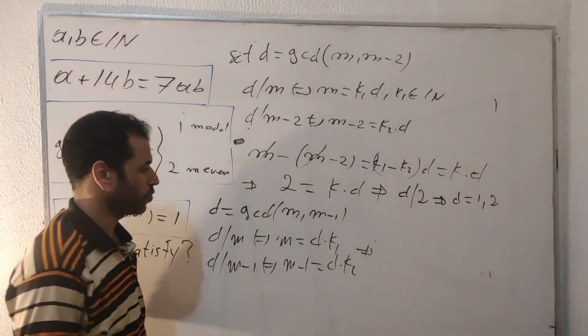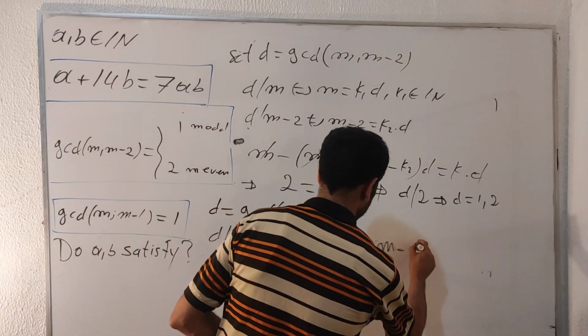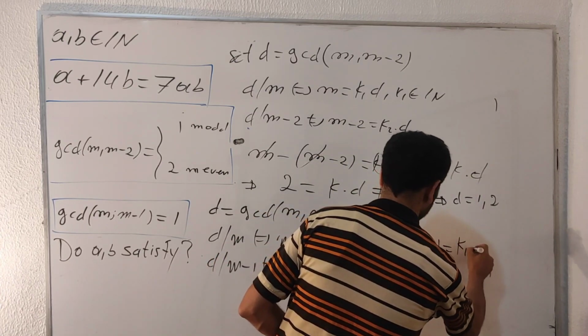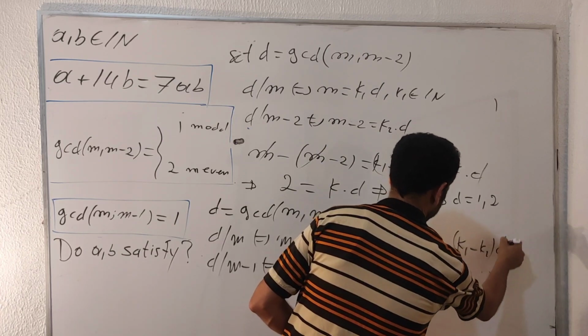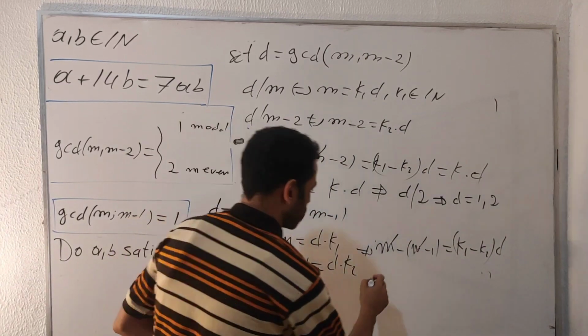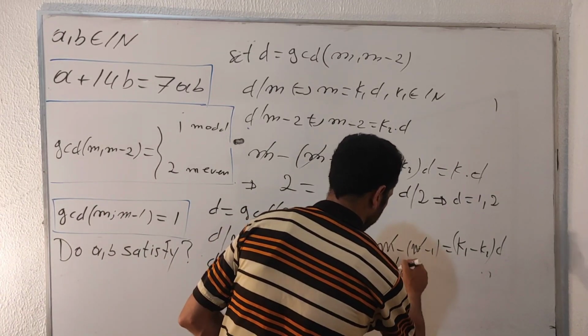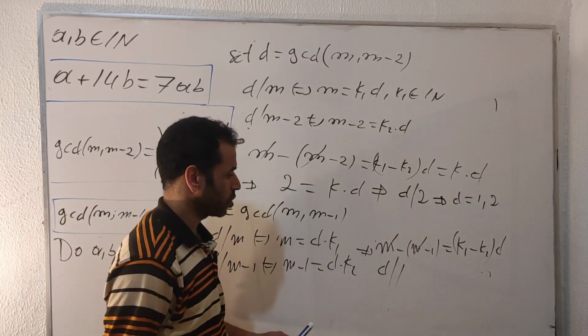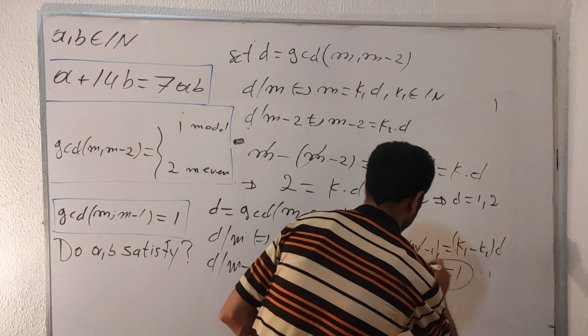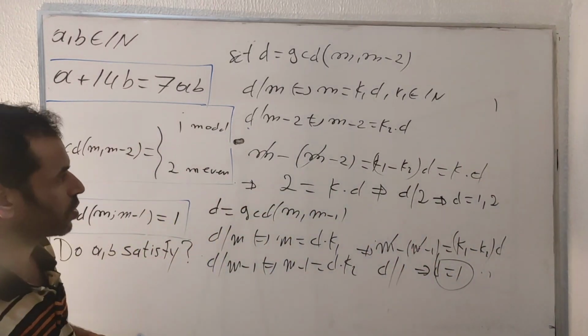Let's take the difference of these two integers. I get 1 equals k1 minus k2 multiplied by d. Cancelling m, d divides 1, which means d equals 1. So we have proven the second fact.